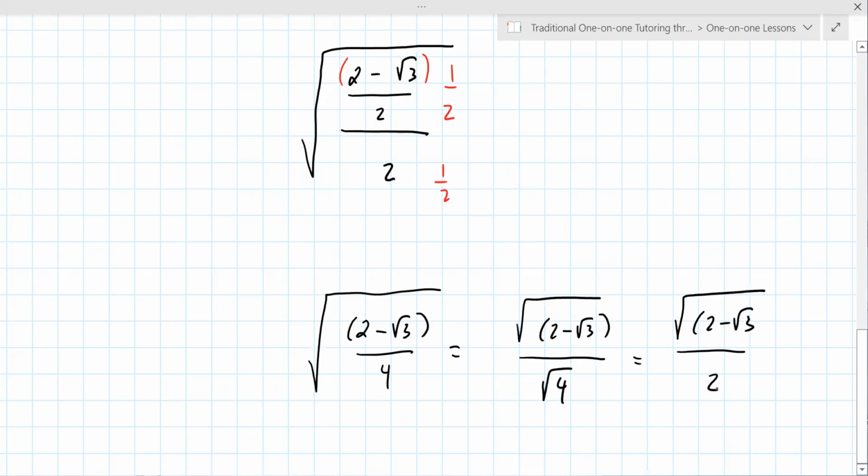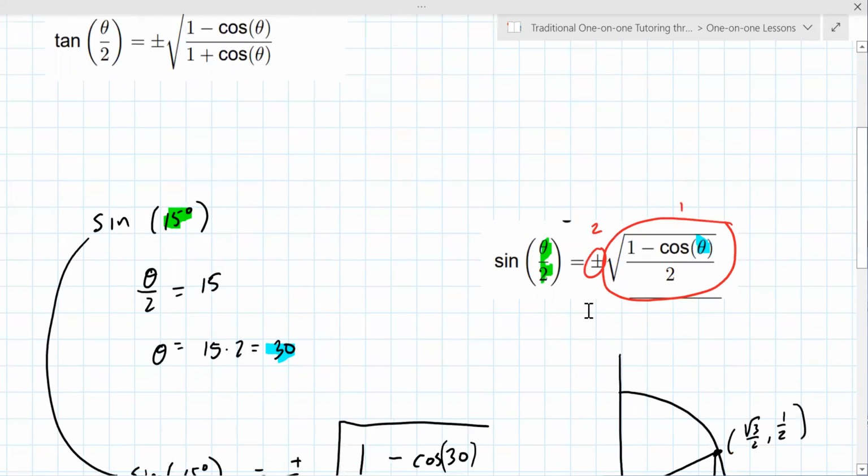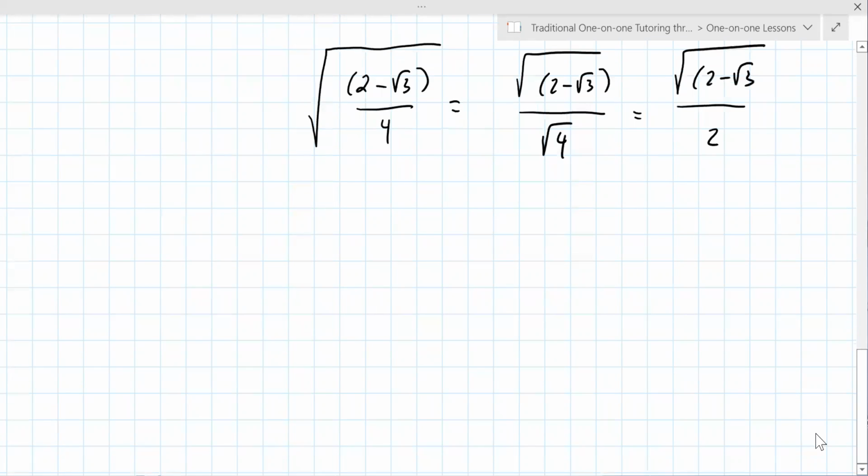Okay, but that's only the first part. This plus or minus is kind of 50% of the problem here. So how do you determine that? Well, let me say it this way.